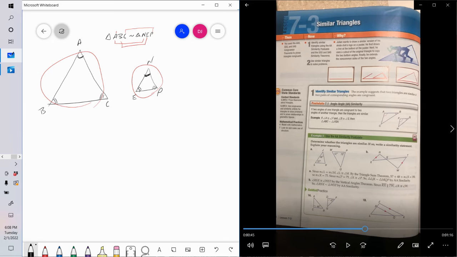But let's think about that. Is it really necessary to say that all three angles of one triangle need to be congruent to all three angles of the second triangle?